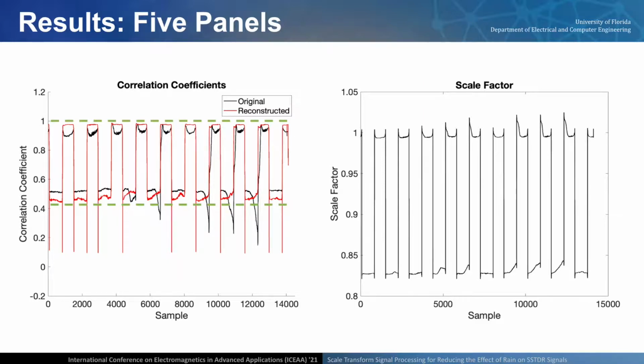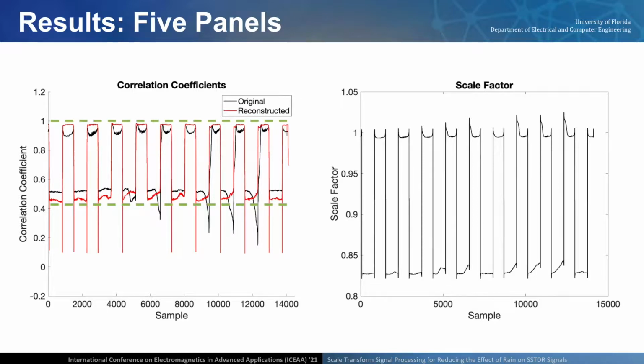Dips and coming back up. When we perform the scale transform, we get nice, smooth lines up top. We see a very similar thing happening at the bottom, where the dotted green represents our boundary, and the black correlation coefficients that were very rigid become a lot smoother after we performed our scale transform.